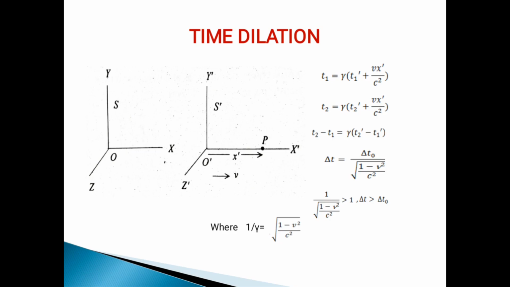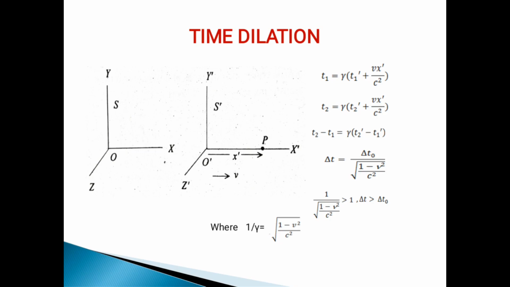Let t equal to t2 minus t1 represent the time interval between two shots as measured by an observer in S. From inverse Lorentz transformations, we have t1 equal to t1 prime plus v x prime by c square divided by square root of 1 minus v square by c square, and t2 equal to t2 prime plus v x prime by c square divided by square root of 1 minus v square by c square.